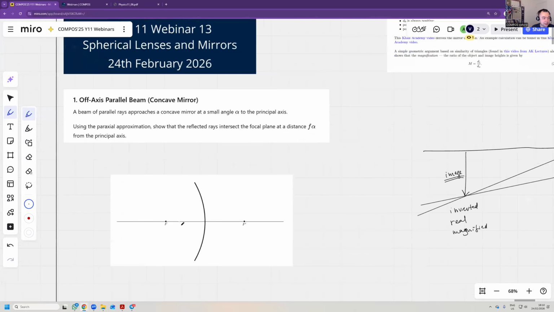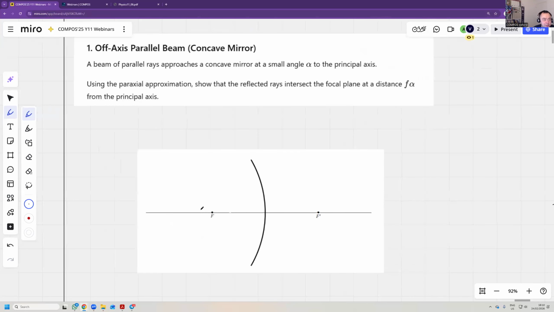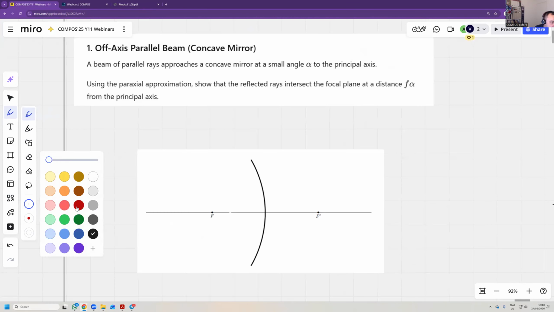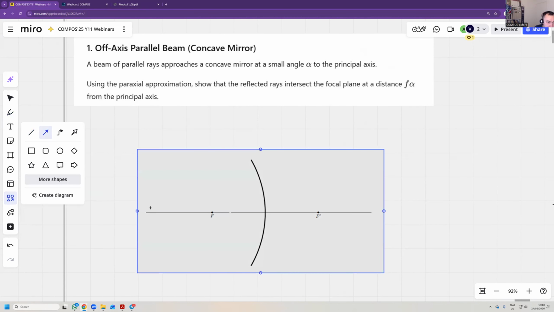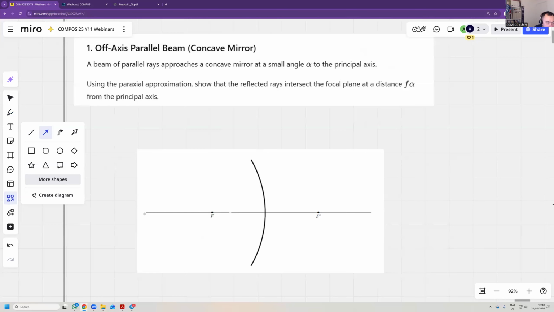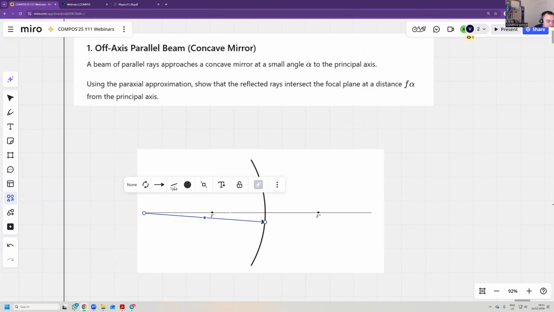So let's look at this question. A beam of parallel rays approaches a concave mirror at a small angle to the principal axis. So we have a parallel beam of light.